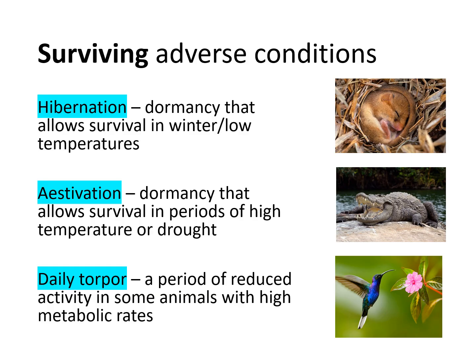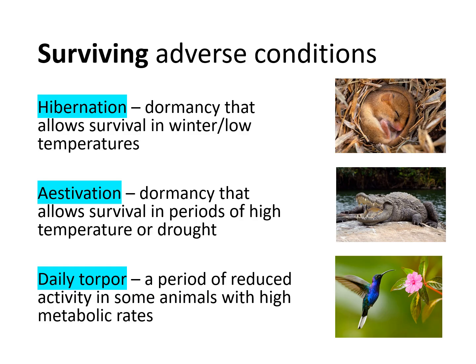And this is dormancy that allows survival in winter or through low temperatures. So for example, things like bears and hedgehogs are going to hibernate over winter. And we say that this type of dormancy can be predictive or consequential.